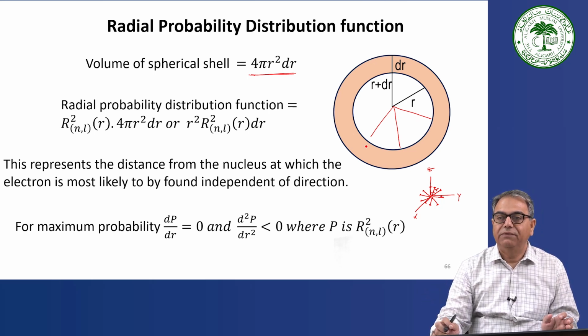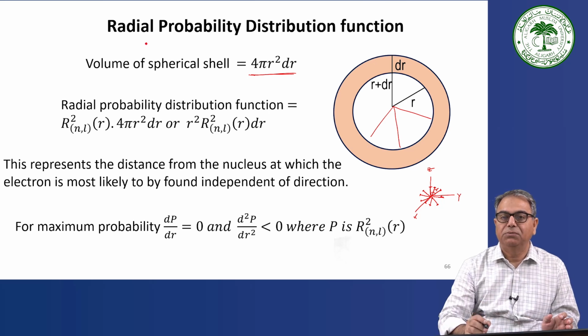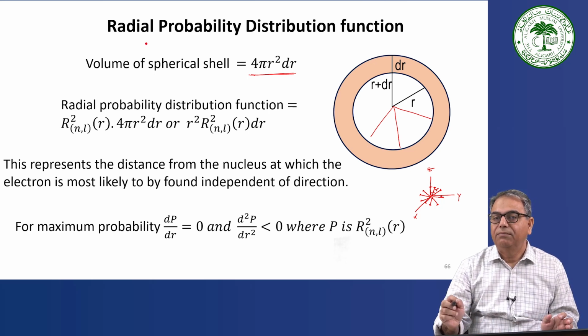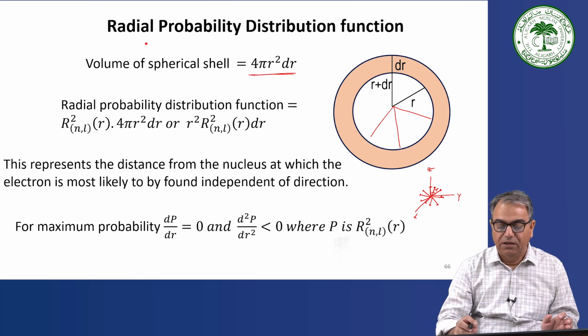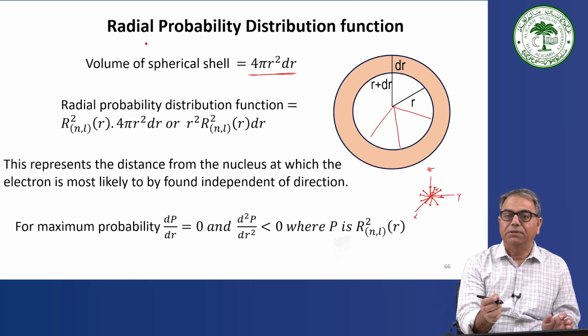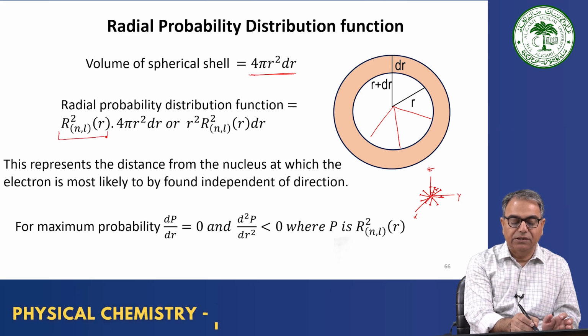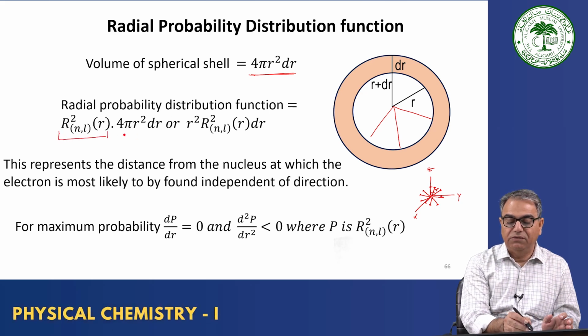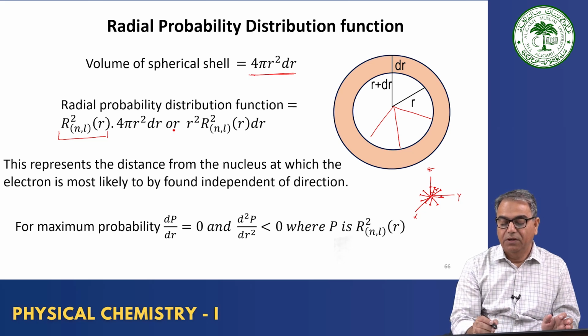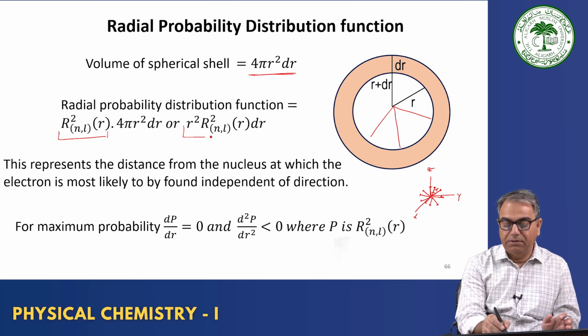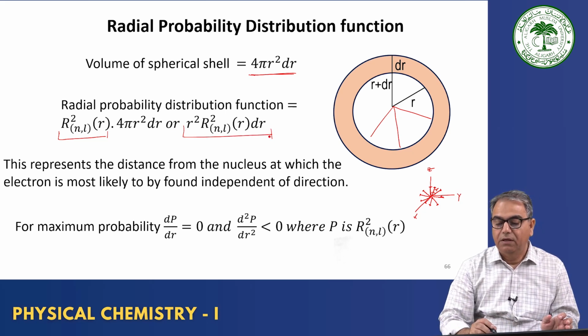So we are more interested in the radial probability distribution function rather than plotting only the R function. To calculate it, you take the radial part of the wave function, R square, and multiply by the volume element 4 pi r square dr. This is called the radial probability distribution function. It represents the distance from the nucleus at which the electron is most likely to be found, independent of direction.